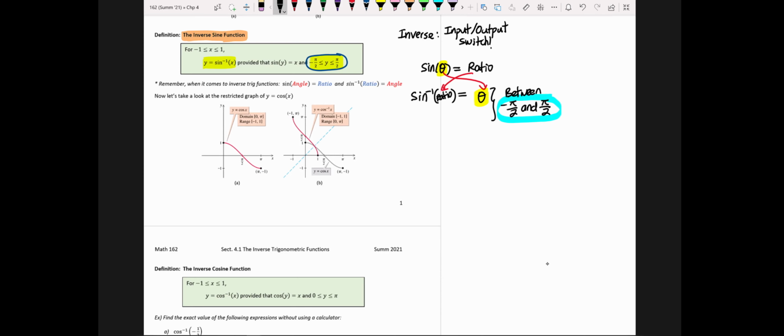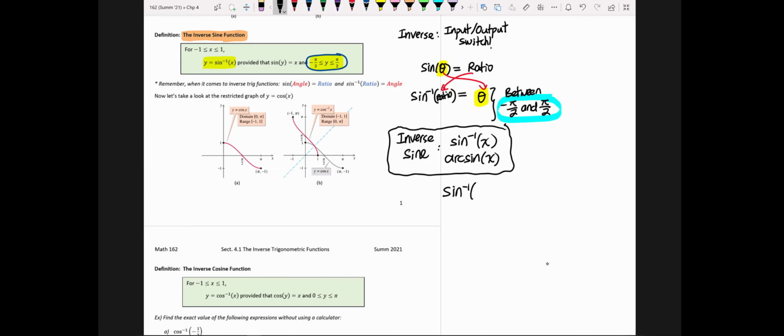Okay. A reminder here for inverse sine, we use the notation with that -1 there, or we use arc sine. Those are two different ways we can denote inverse sine. Be very careful not to mix up.